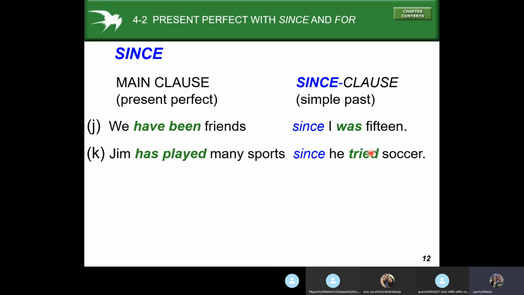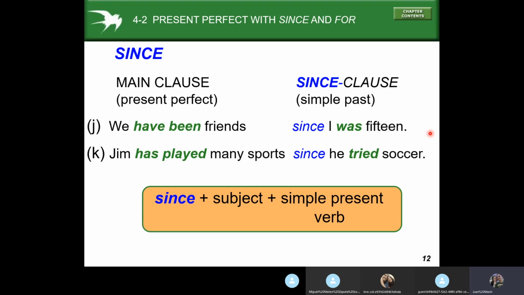Jim has played many sports since he tried soccer. So the structure here is since plus subject plus the simple present verb. No, here there is a mistake.